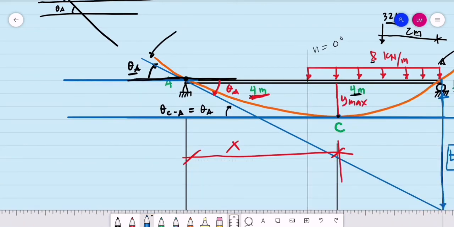How do we describe this distance? This distance is the same as the maximum deflection, from the horizontal axis of the beam to point C, that is thus the same as the y max. If we are to compute for its equivalent deviation, the initial point, where the tangent and the elastic curve intersect, is point C. Then our reference point will be point A. So the deviation from point C to point A is simply equal to the maximum deflection.